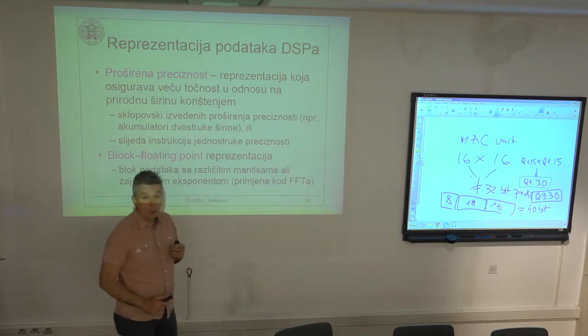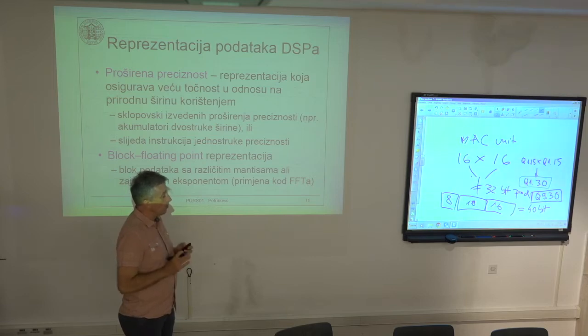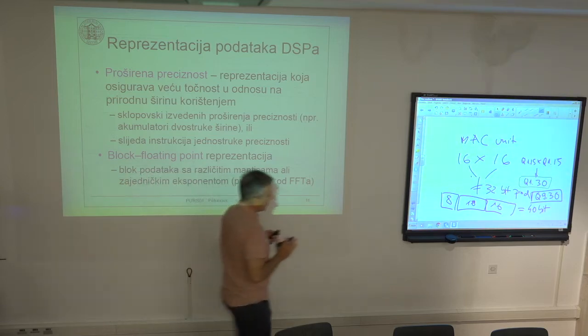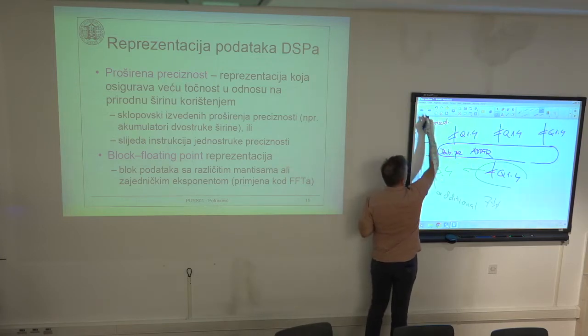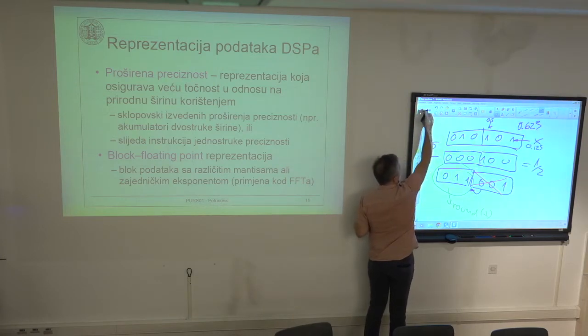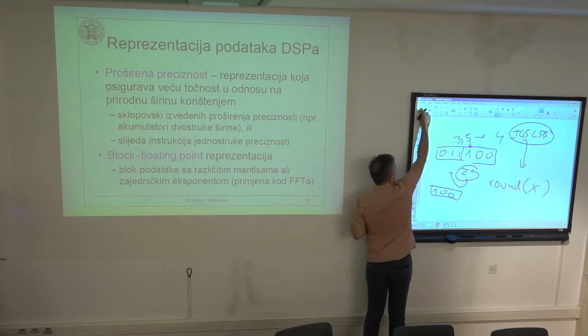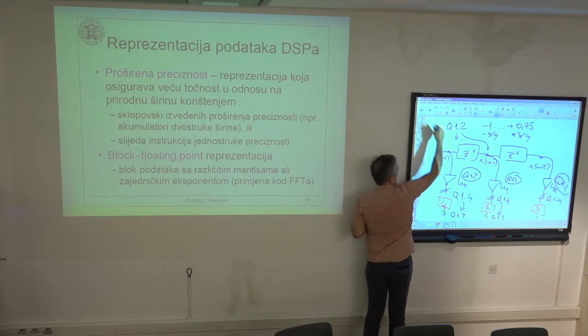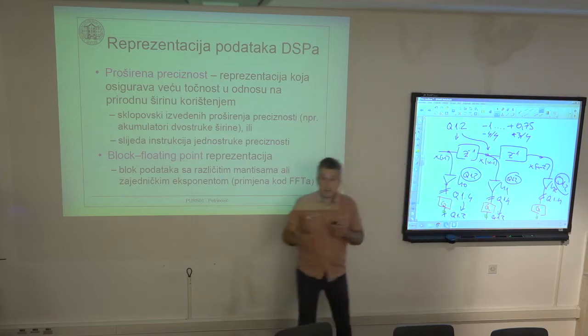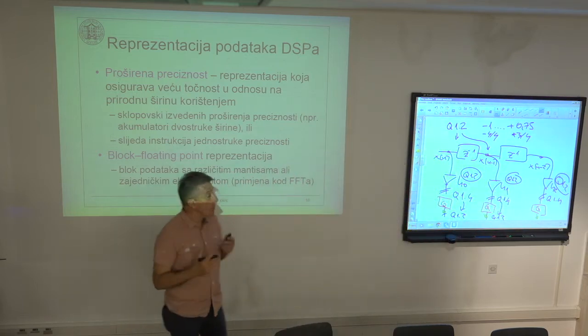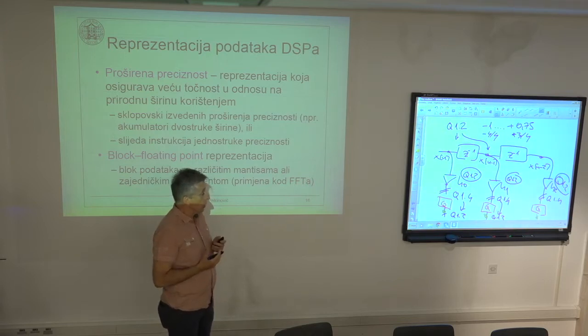In this case, I don't have to bother about the overflow. Otherwise, if I don't have this extension, I must make sure that these coefficients here, H0, H1, H2, are scaled properly, that they are limited in magnitude.